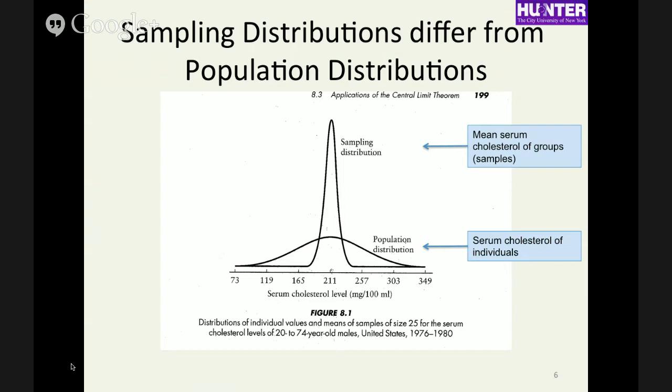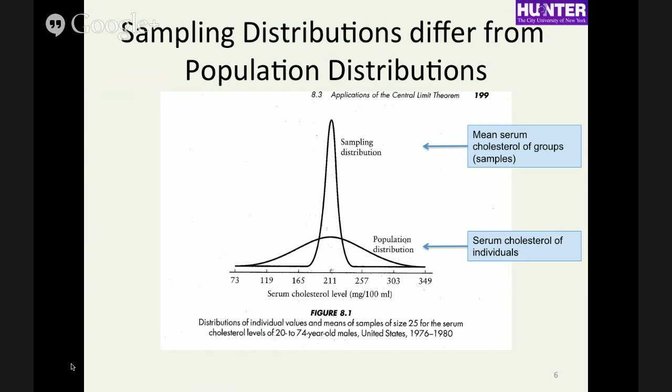And you remember what that standard deviation of the sampling distribution was called? Standard error, exactly.